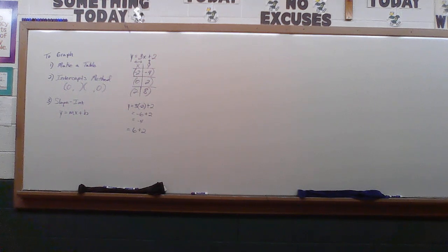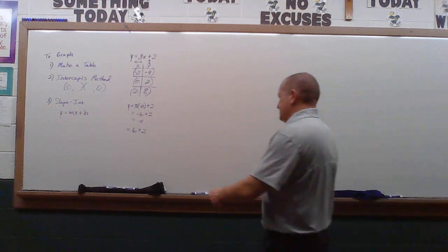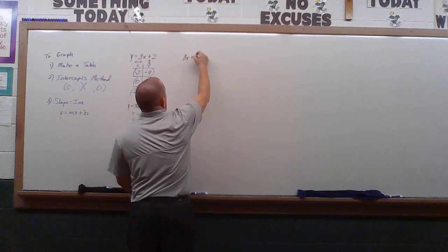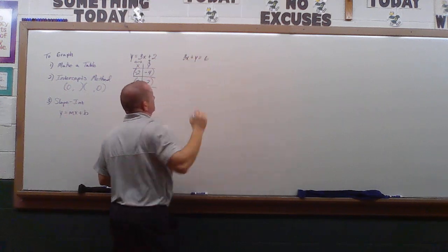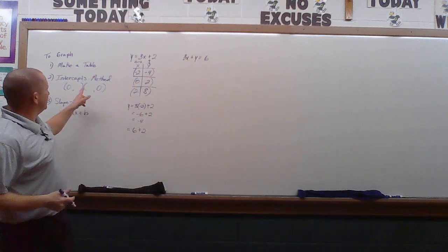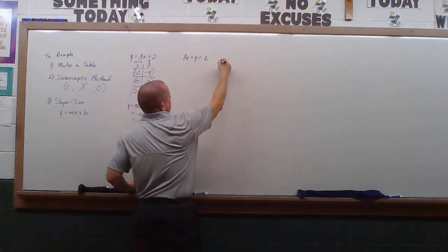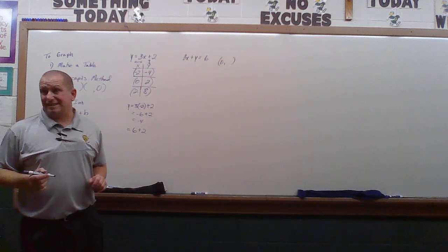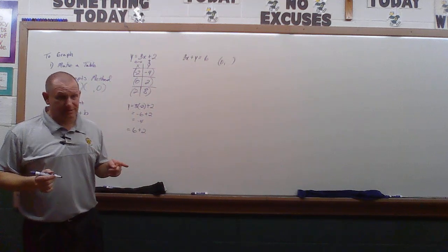So, let's go down to 30. 30 says 3x plus y equals 6. Okay, so again, I'm going to make my 2 points. I'm going to put 0 in for x to find my y. Again, I have to write it as a point.